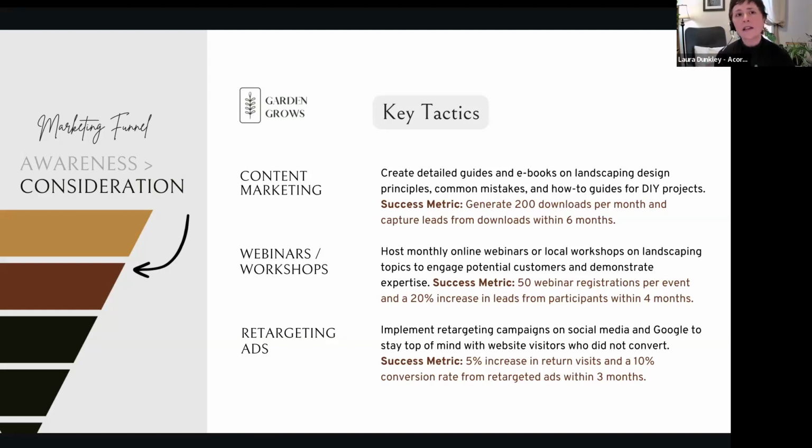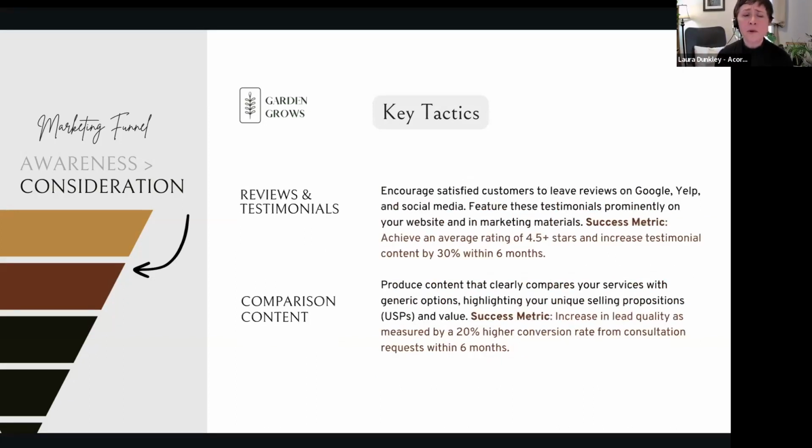Retargeting ads, if they've landed on a social media post, can you retarget them? Are they followers already? Have they engaged with one of your ads and they haven't clicked through? You can retarget them as well. Reviews and testimonials, we know that's really important for building trust.